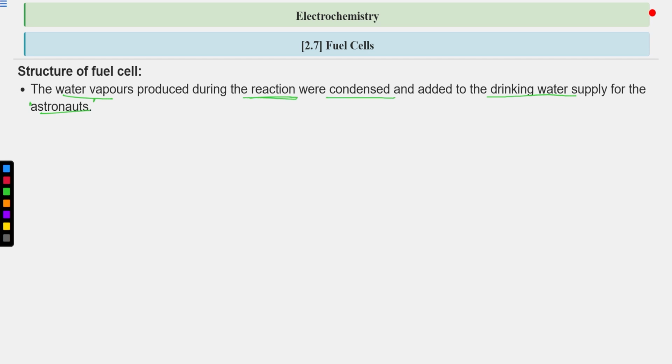Condensation is a process where we apply a large pressure, or you can say we convert the gaseous state to the liquid state. So we condensed the water vapors, that means we applied pressure to convert them to liquid and added it to the drinking water, and the astronauts use that liquid as drinking water in the spaceships.